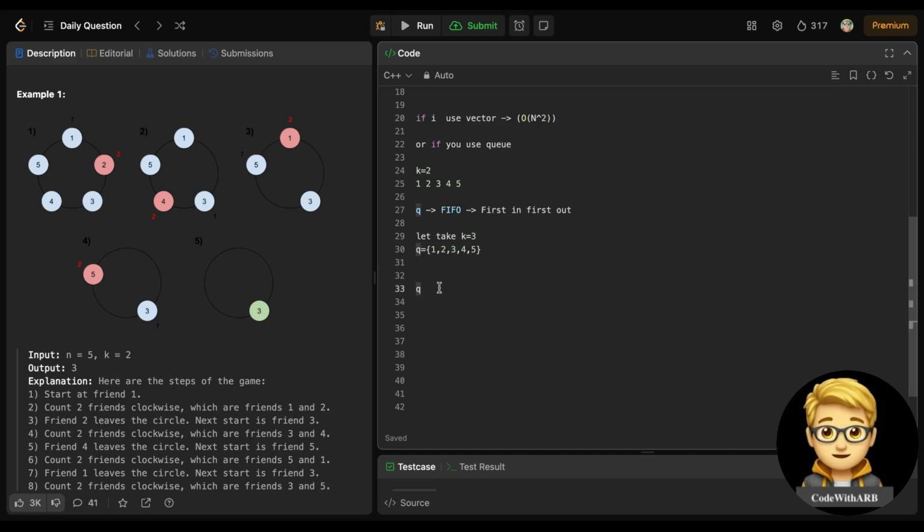So we will move till the third friend. This third friend needs not to be included. So we will insert this 1 and 2 again.